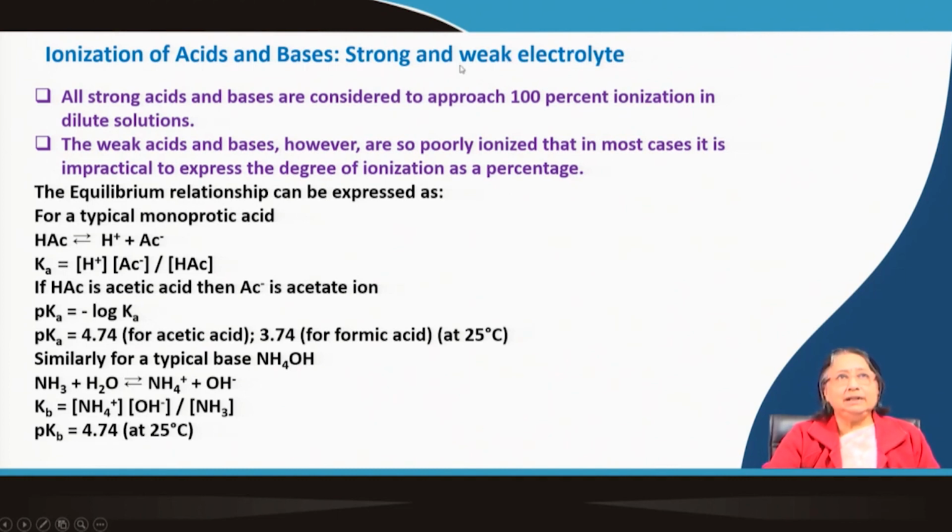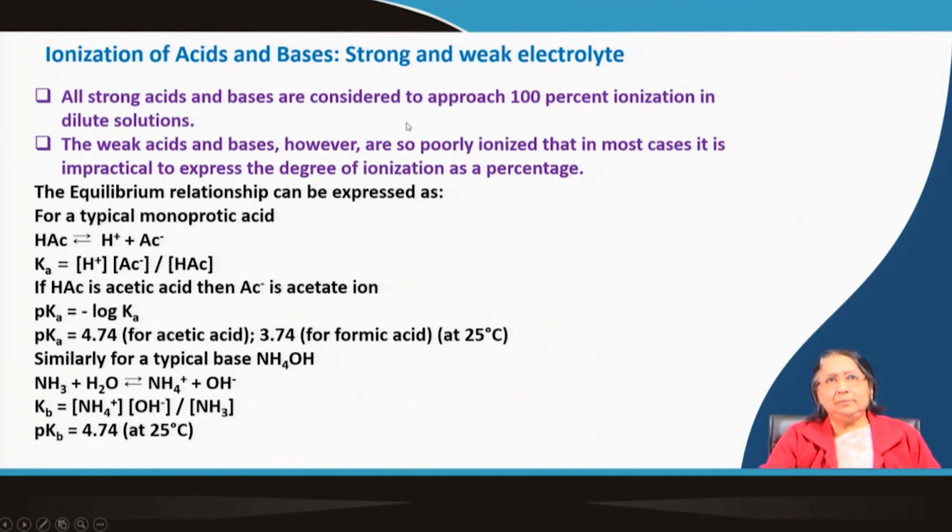This is not only true for acids, but for bases also. So, there are some strong acids and some weak acids. Those which are strong are called strong electrolytes, and those which are weak are called weak electrolytes. Depending on the degree of dissociation, the acidity will come differently in the solution.